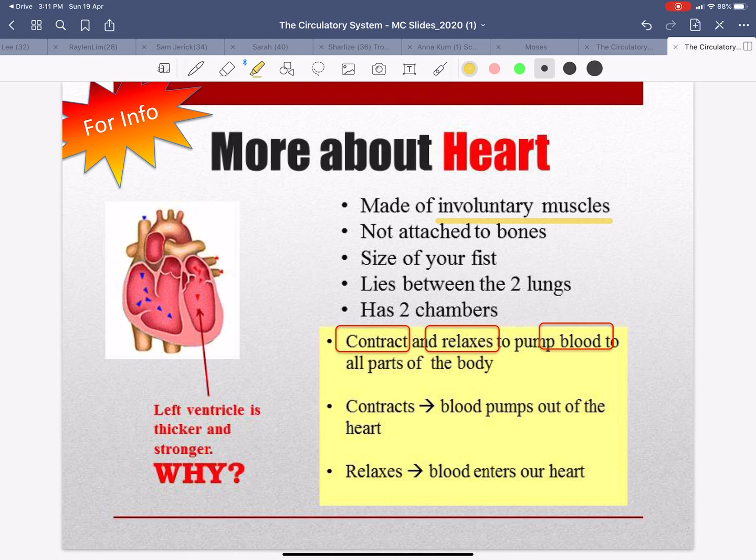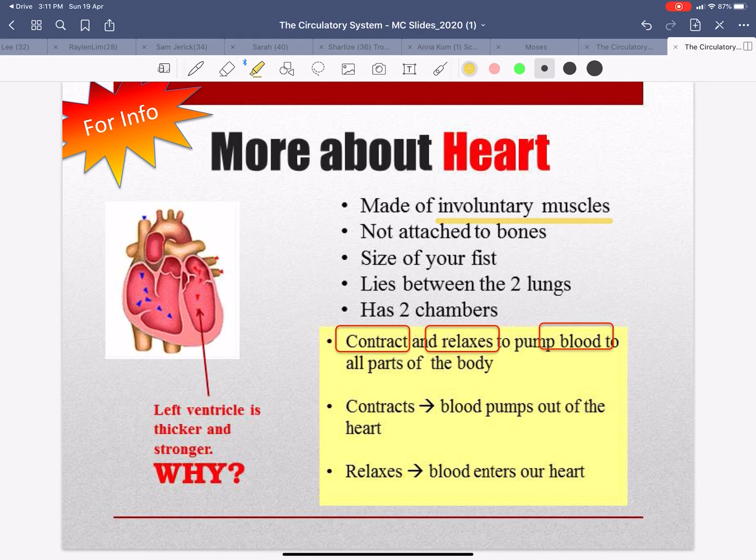So that is what is meant by involuntary muscles, meaning that you cannot stop it, neither can you tell your muscles to start doing something. Another example of involuntary muscles is your eyes. Your pupil can open or close depending on the amount of light, allowing you to see clearly under different situations.